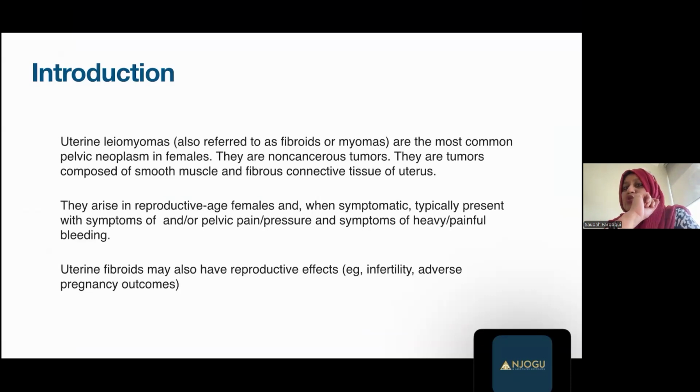They're tumors, yes, but they are called benign tumors, and they're composed of smooth muscle and fibrous connective tissue of the uterus. So you have some cells in the uterus which just multiply unchecked. Anything that multiplies unchecked is called a tumor. It may be malignant, which is cancerous, and that's when it spreads to other parts of the body. But in this case, it's benign, which means that it just multiplies within its same position.